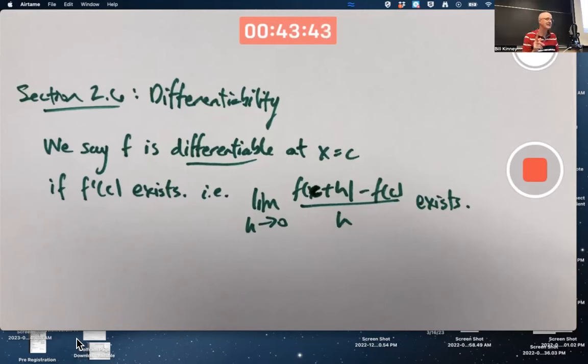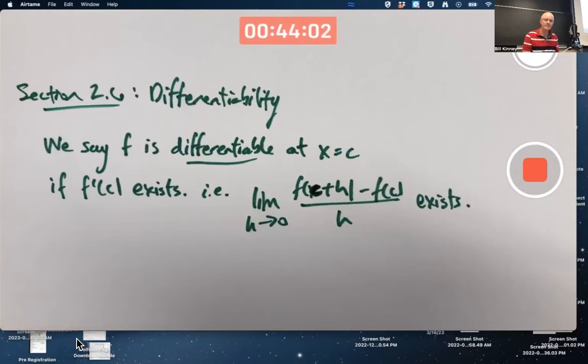But there are subtleties, both when n is negative and when n is a fraction. X to the n is what I'm talking about. There are subtleties there.